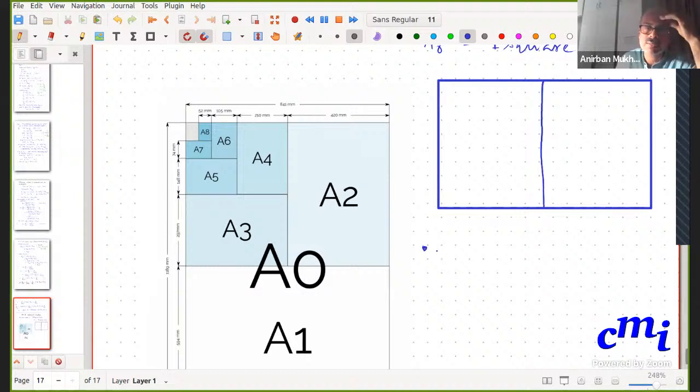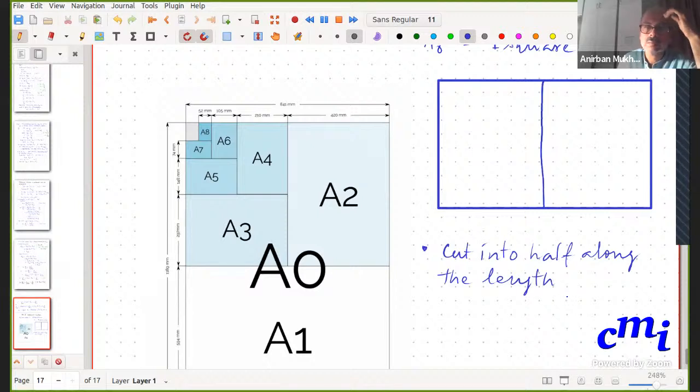So what we want is this: cut into half along the length, the longer side.